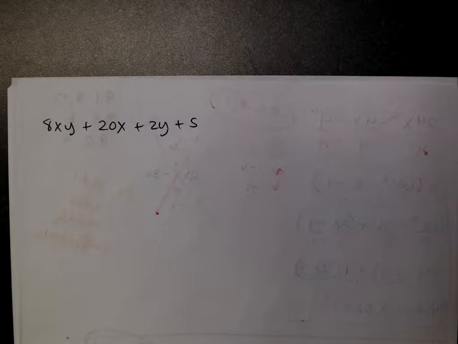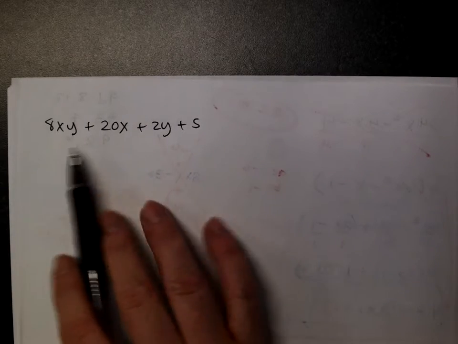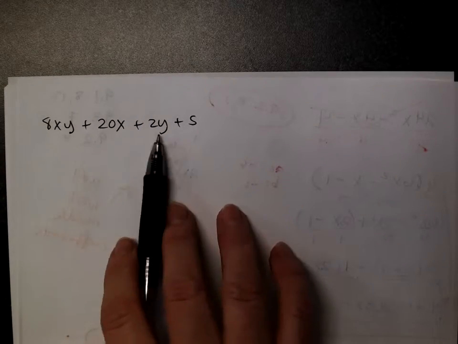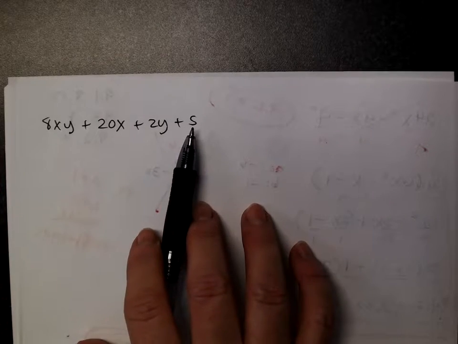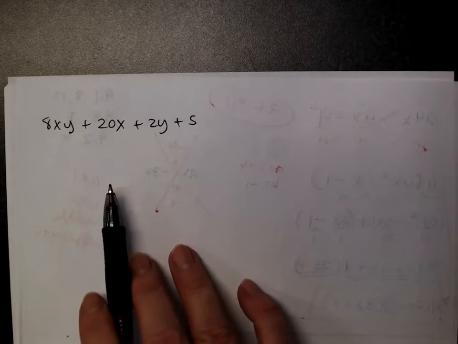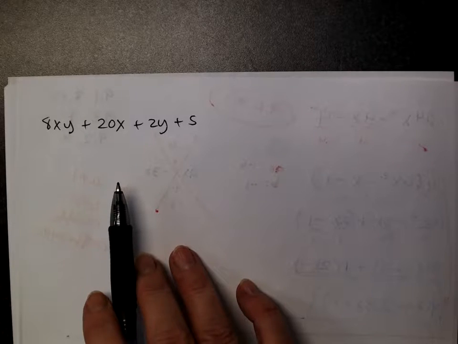Where do you start? Just finding your GCF. Is there a GCF? For everything? No. 8, 20, and 2 share a GCF of 2, but then there's that 5. If it's not a GCF for everything, it's not a GCF.